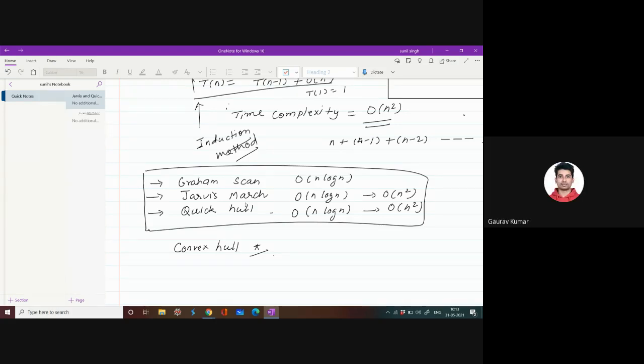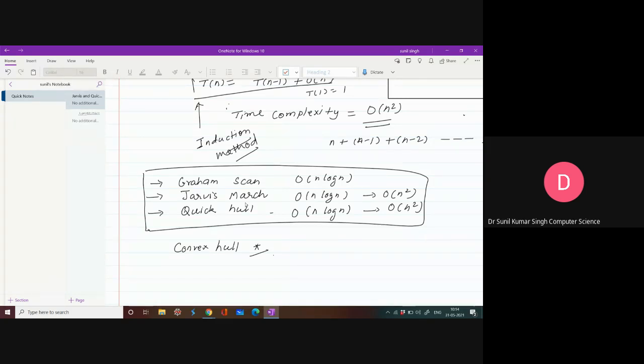Right, sir. So calculating the distance is going to contribute a linear cost. If you are going to compute the time complexity for one point, or maybe, how is it going to compute order of n log n?